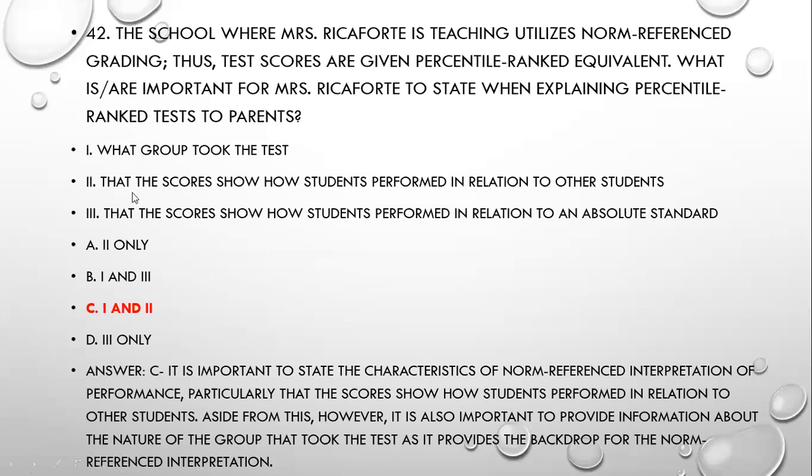Both 1 and 2 are important characteristics of norm-referenced interpretation of performance, particularly that the scores show how students perform in relation to the other students. Aside from this, however, it is also important to provide information about the nature of the group that took the test, as it provides a backdrop for the norm-referenced interpretation.